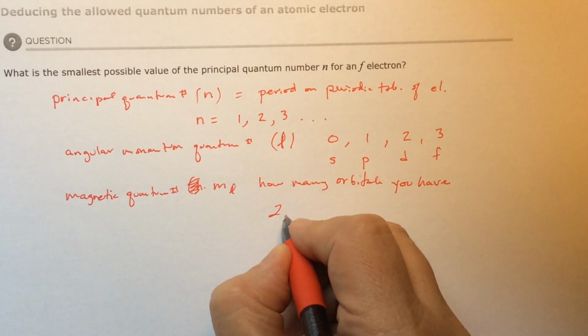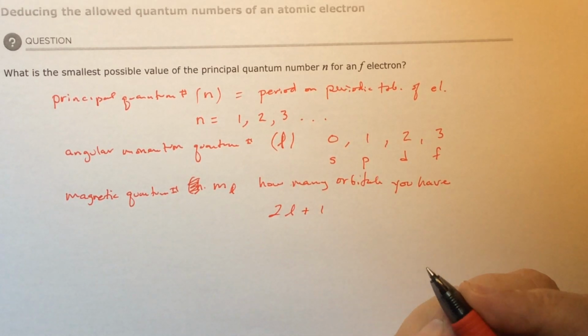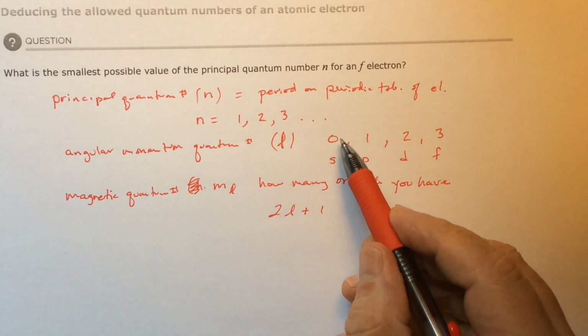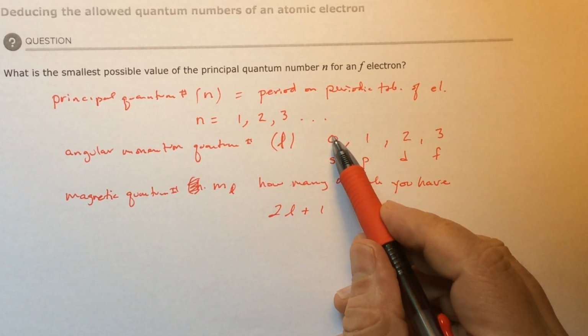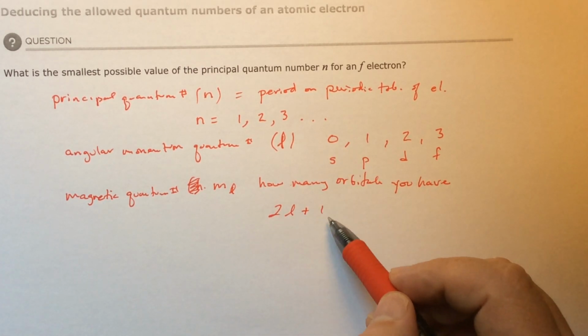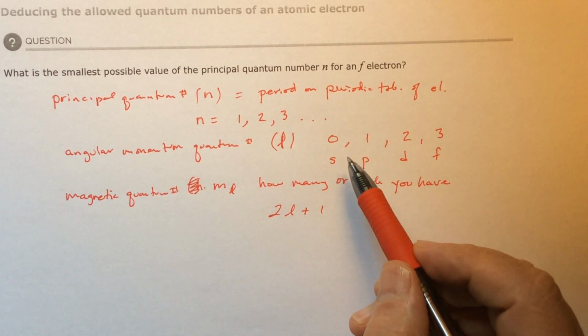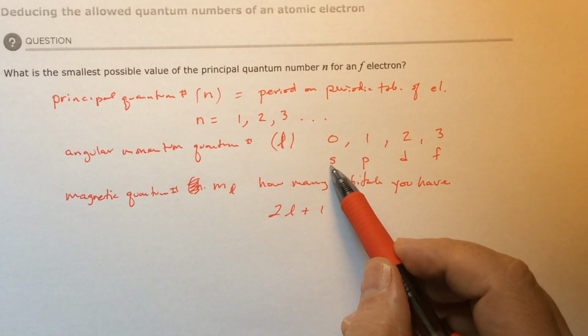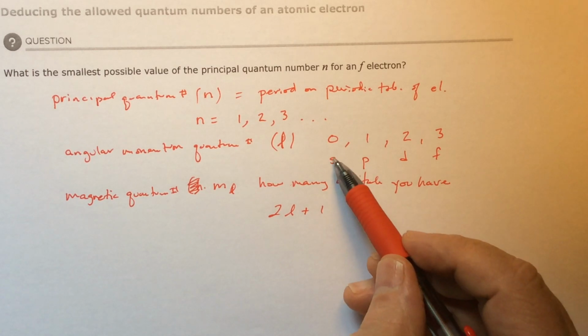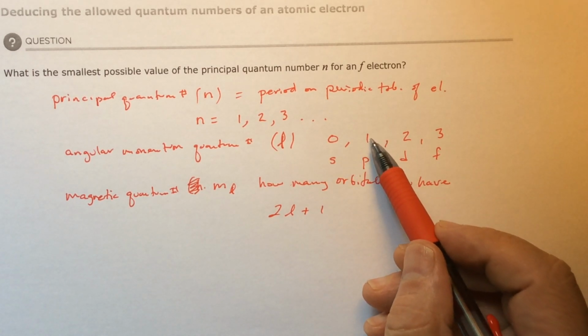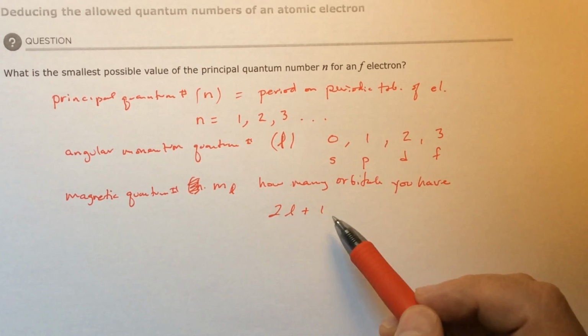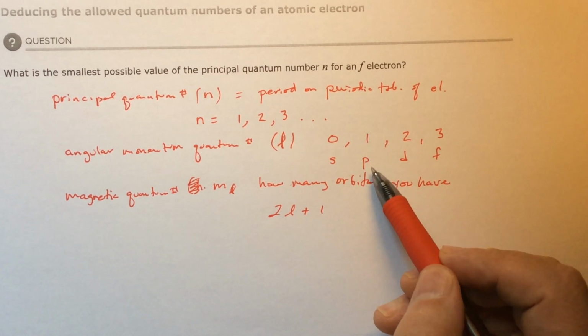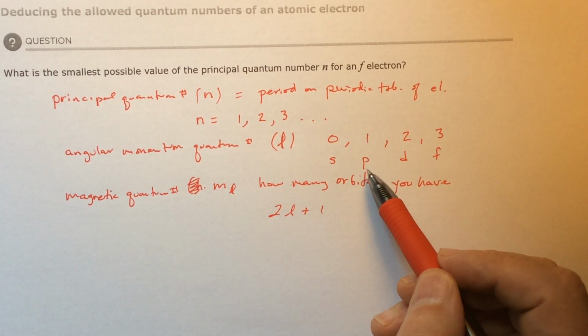So it's 2L plus 1. Let's say your L is 0, then it's 2 times 0 is 0 plus 1. There's 1 orbital in the S subshell. If your L is 1, that's 2 times 1 plus 1 is 3. There are 3 orbitals in the P subshell.